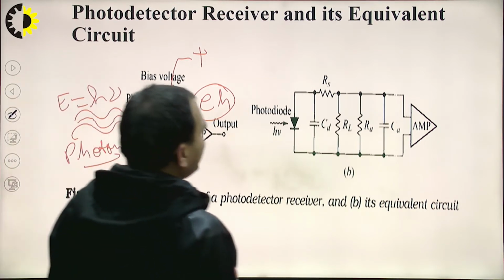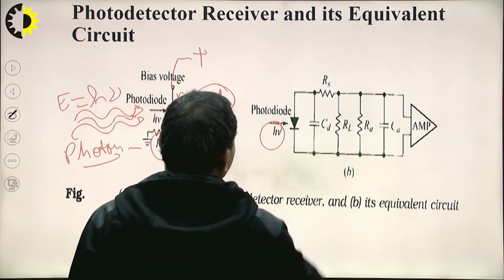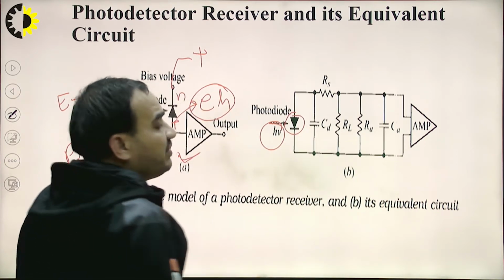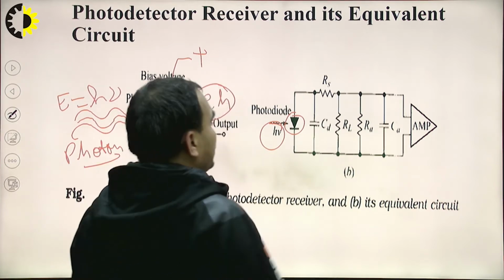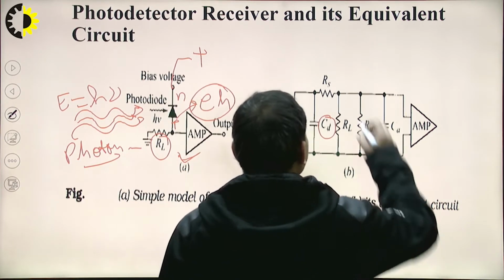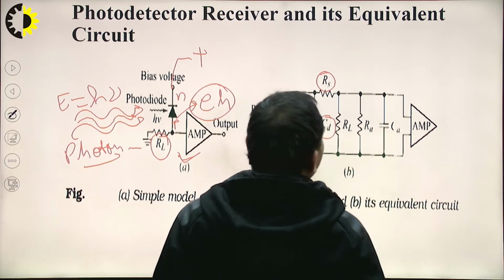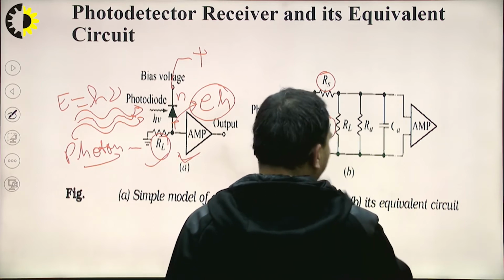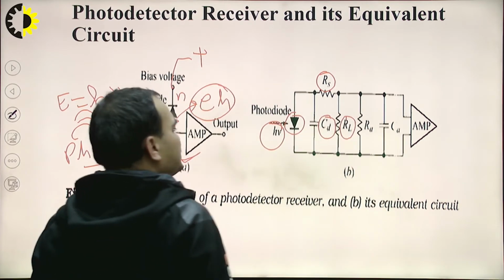So this photodiode having the energy given by h nu, this is the photodiode, and it's having the diffusion capacitance that is given by CD and the series resistance that is RS. And the load resistance, here we can see we are having the load resistance. So this is the equivalent circuit. So here we have the load resistance RL.